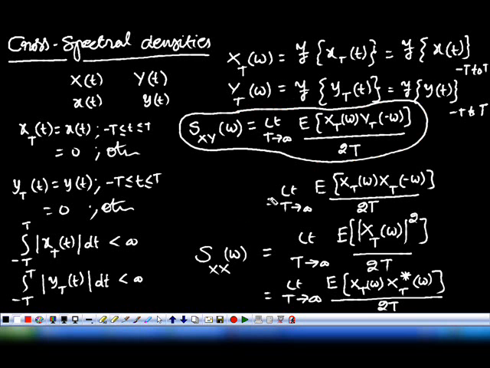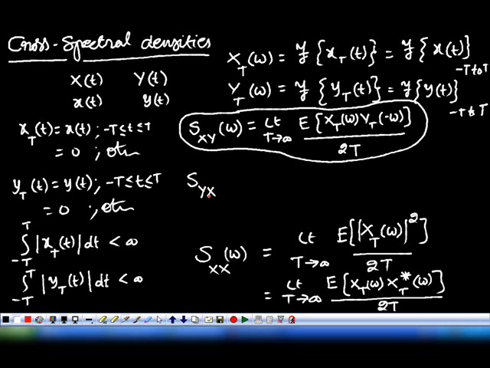And similarly, can we write S_YX of omega? See, in the case of autocorrelation, we have only one function. In the case of cross correlation, we have two cross correlations. Here also, the cross spectral densities are two, S_XY and S_YX. So with this knowledge, we define the cross spectral density of the two random processes x of t and y of t as this.